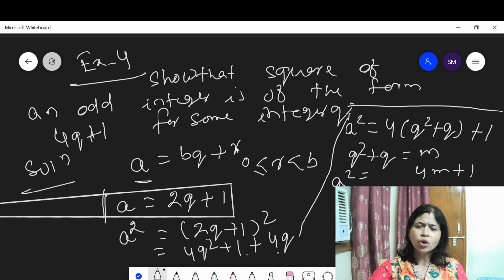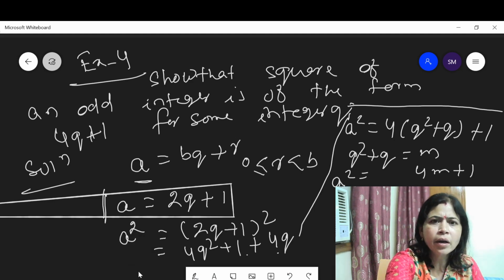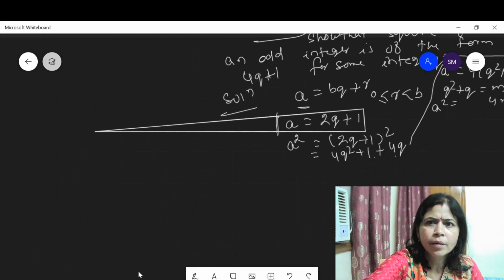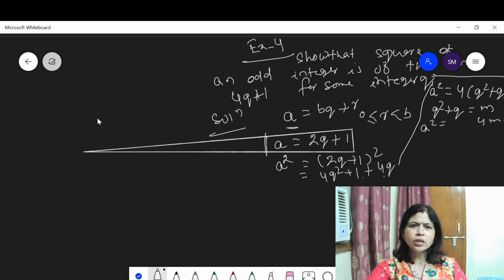Now please keep it here. The question says that any odd integer can be in the form 4q plus 1 for any integer q.